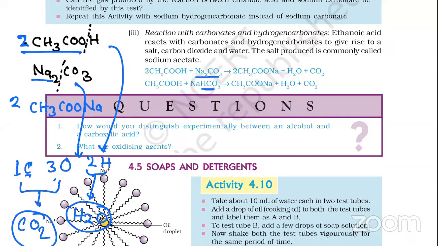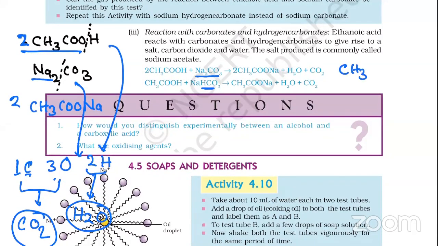And the same thing you have to do with the next reaction. So the next reaction I am writing on the right side. So we have CH3COOH plus NaHCO3. Now we have taken just one molecule. This will be broken from here and this from here.